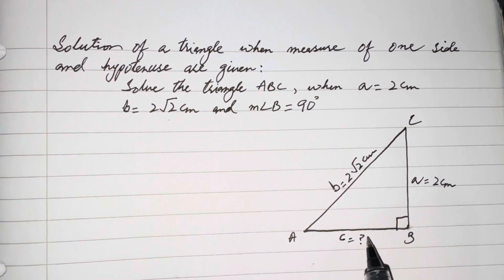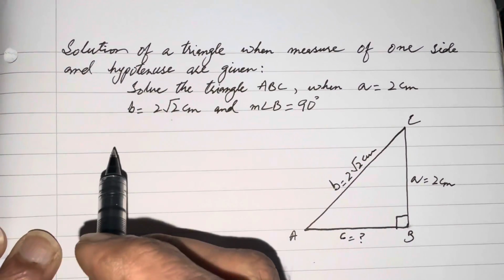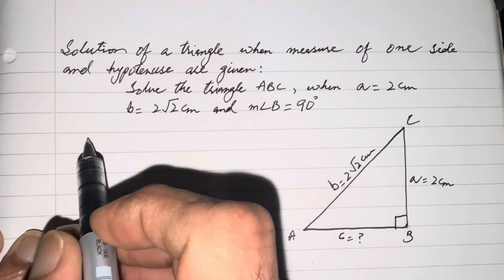So small letter c is representing the third side of the right angle triangle. So we have to find the side c first of all. So let's start: how can we find the third side of a right angle triangle.